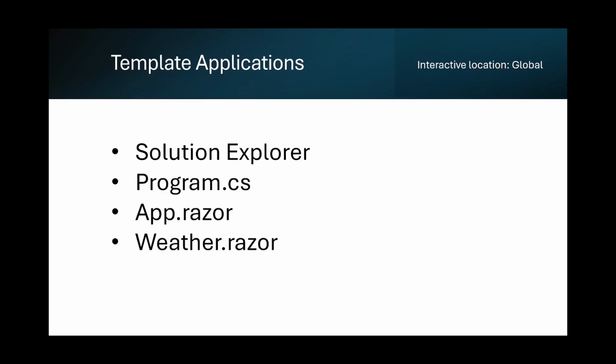To compare and contrast the results of these templates, we're going to be looking at 4 areas: Solution Explorer, Program.cs, App.razor, and Weather.razor. These are where the differences will lie. And we'll start off by looking at Solution Explorer.